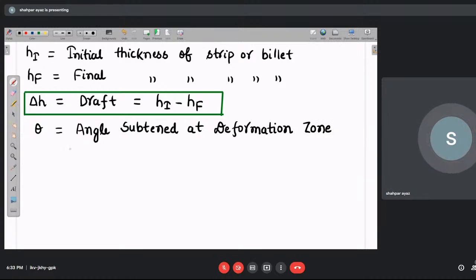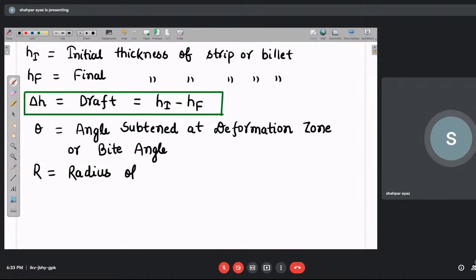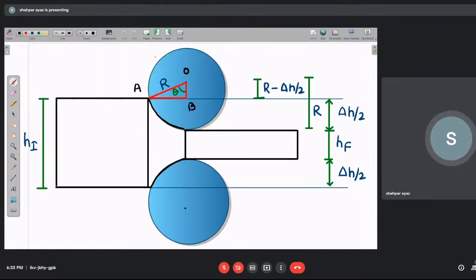It is also called your bite angle. Capital R is the radius of the roller. Clear? Radius of the roller.